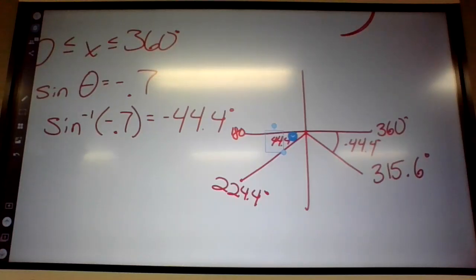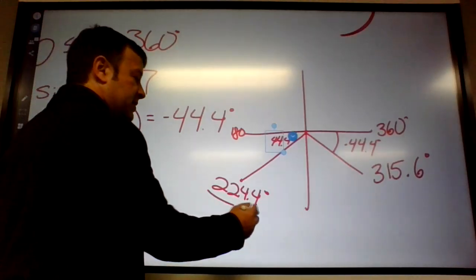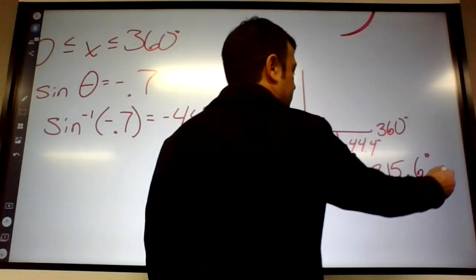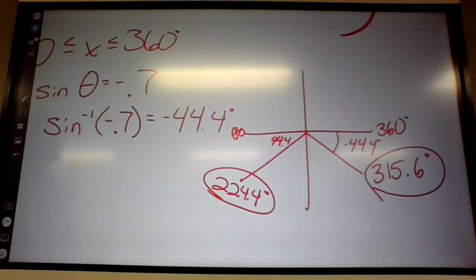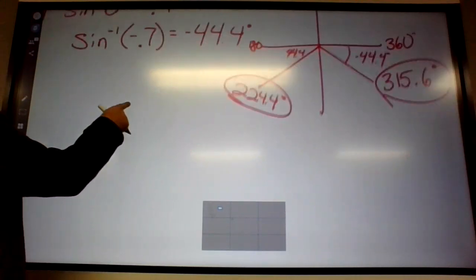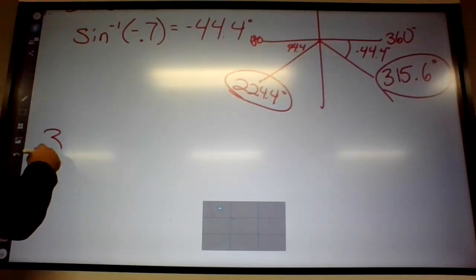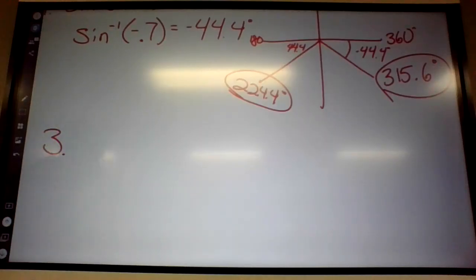And you could check those two answers: if you plug in sine of this and sine of this, they should give you negative 0.7. Okie dokie? Clear? Clear as mud? It's okay if you don't quite get it. We'll do some more. We'll pick up as we go.